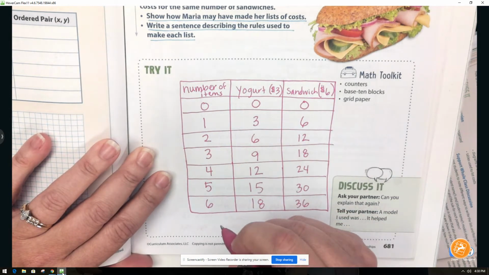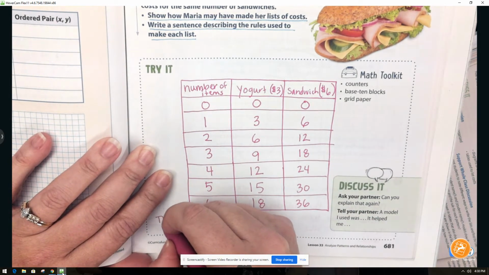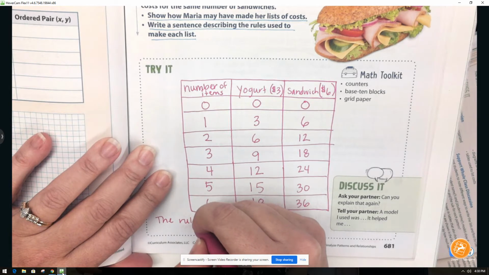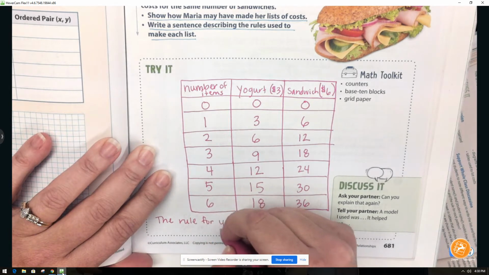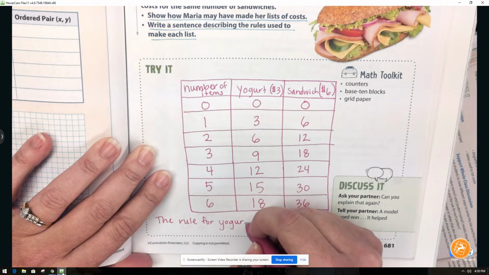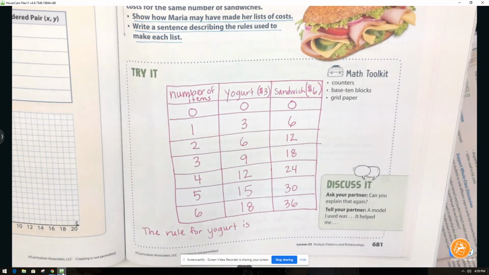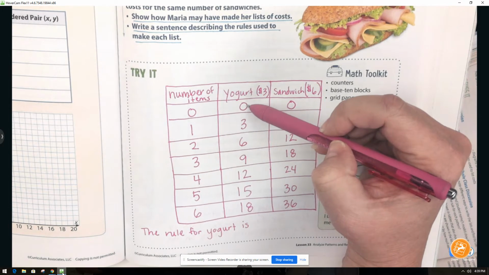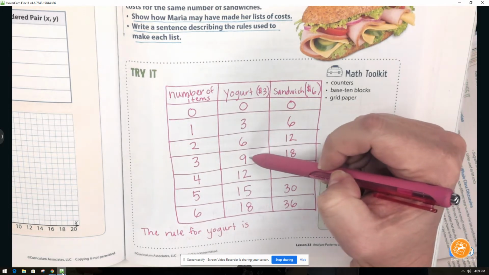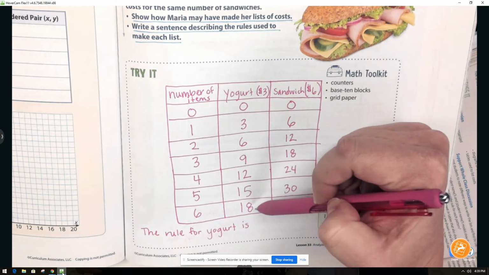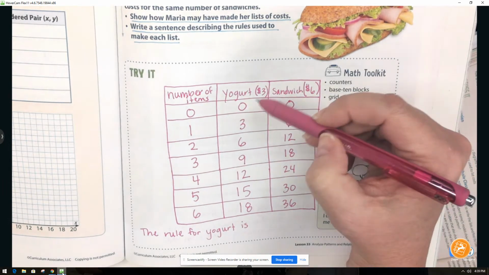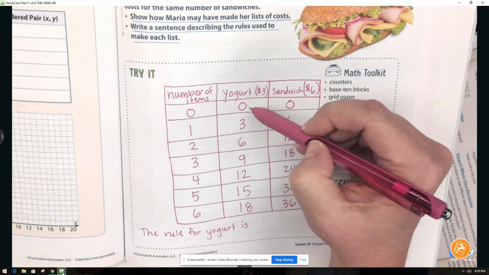So the rule for yogurt is... And then to find out what the rule is, we need to say every time we move down in the table, what do we add or subtract or multiply by to move down the table? So what is the rule?